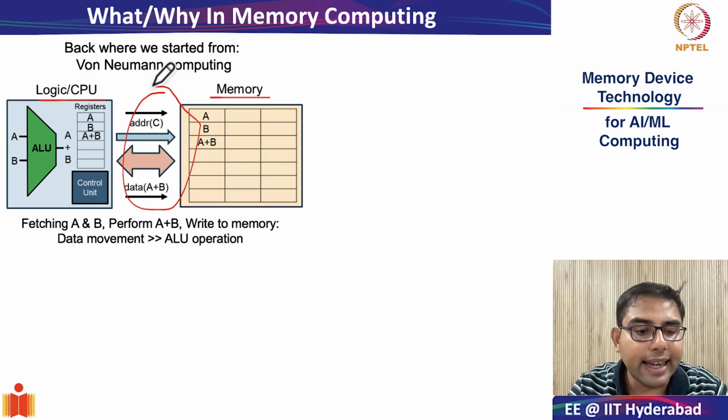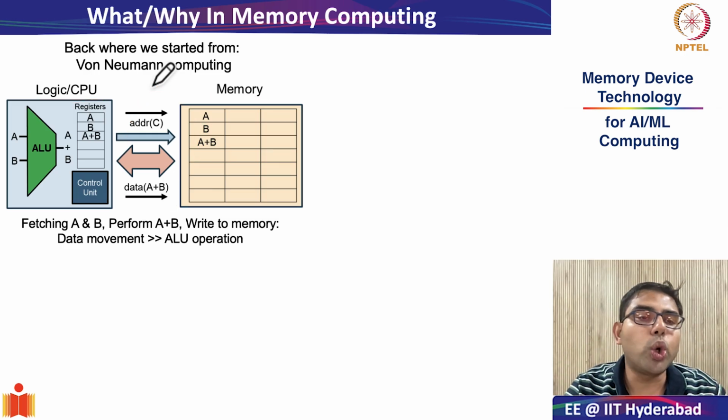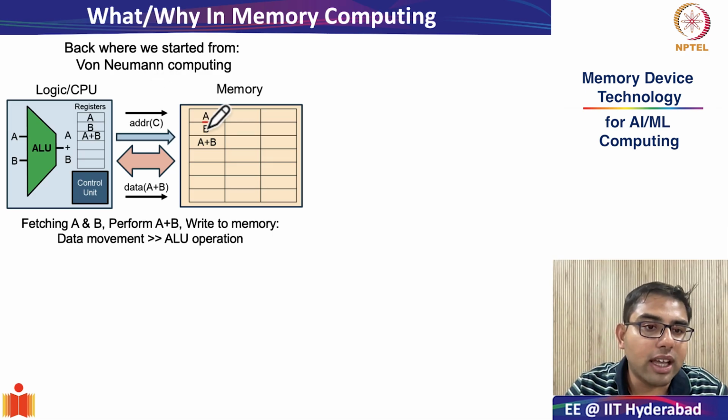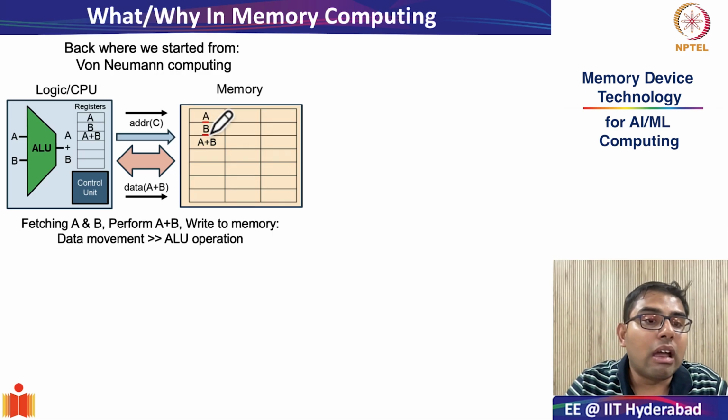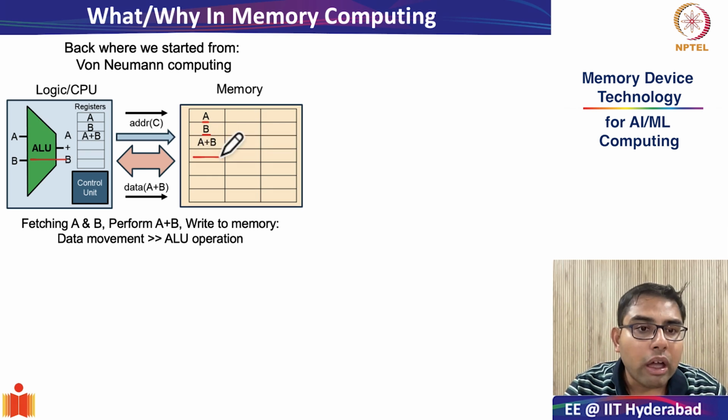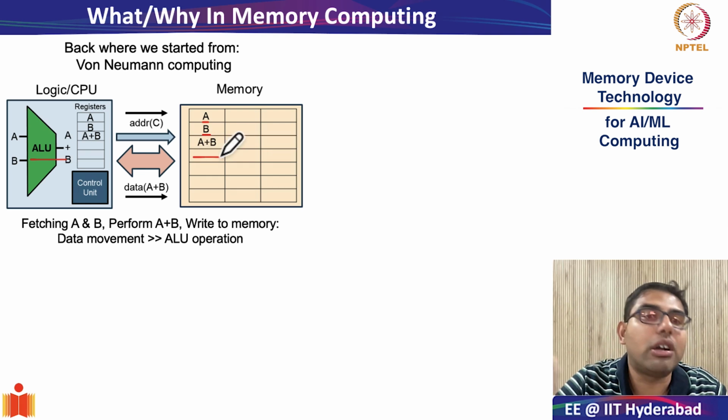And right at the beginning, we saw that even for doing very basic computational tasks like fetching two numbers, A and B, from separate memory locations, bringing them to the logic element, adding them up at the arithmetic logic unit, and then pushing the data back into the memory element is a rather sequential task.